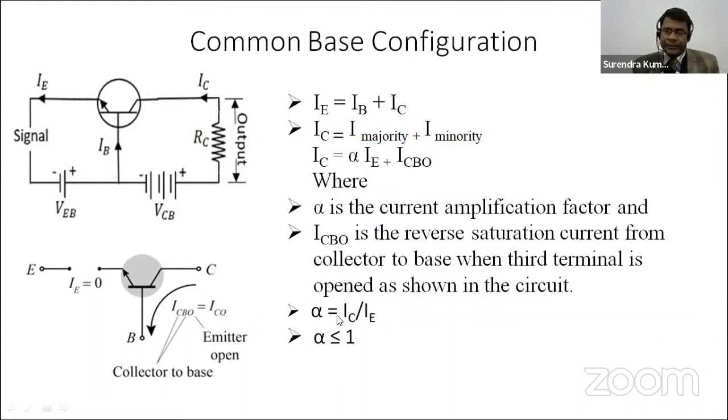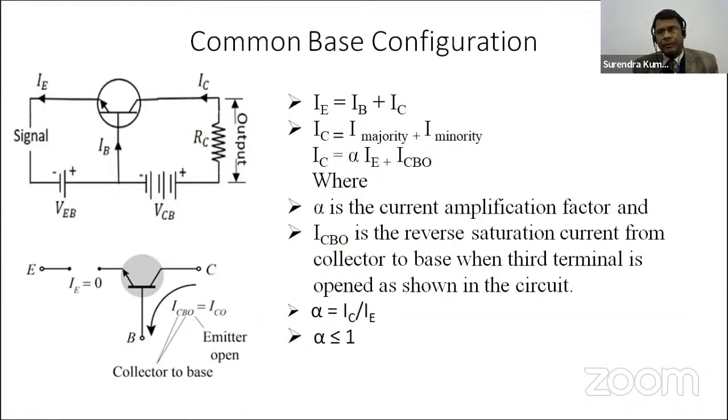Here alpha is equal to IC over IE. This is the ratio of collector current over emitter current, and alpha is always less than or equal to 1, because the currents IC and IE are approximately equal to each other. The base current in the first equation is a very small current, because the base of the transistor is very small in region, so it constitutes a very small current.